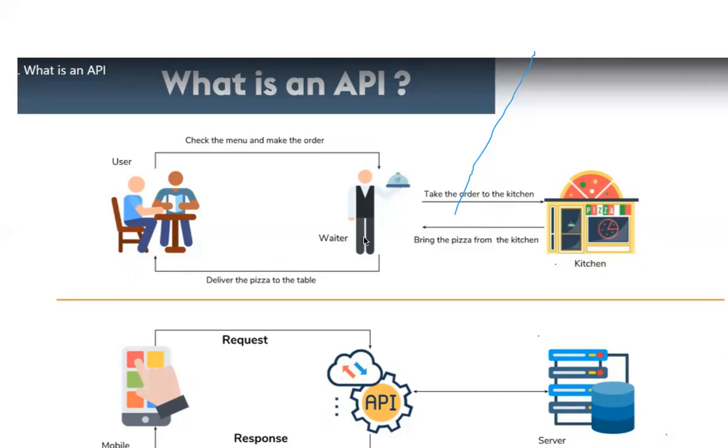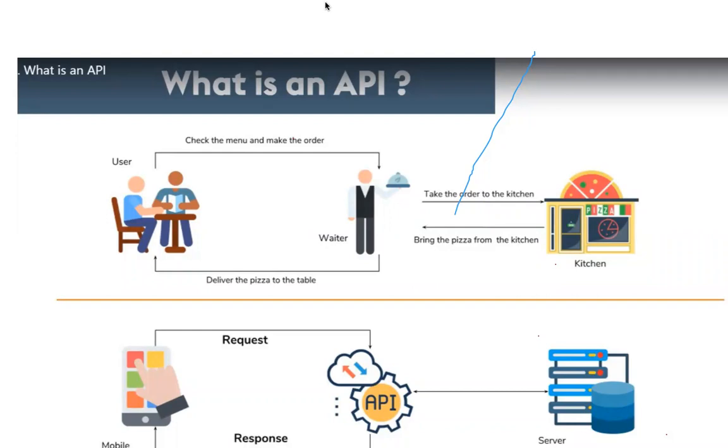The waiter will take the response and pass the same response to the user, right? So here, the waiter acts as an API. Understood? Simply, you can call API just a mediator.